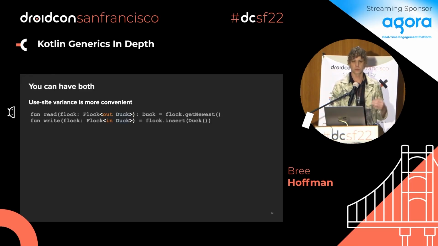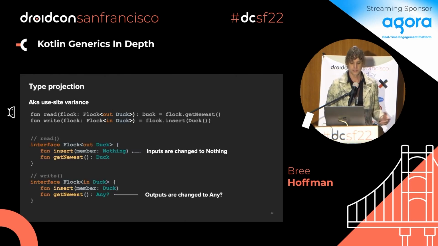So what does this actually do under the hood? How does the compiler ensure that we do the things that we can do safely with those covariant or contravariant types? What it does is it basically creates an interface of the generic type inside of the function or the place where you're using the projected type, and it would look something like this. In the case of the read-only flock, any of the argument types will be converted to nothing.